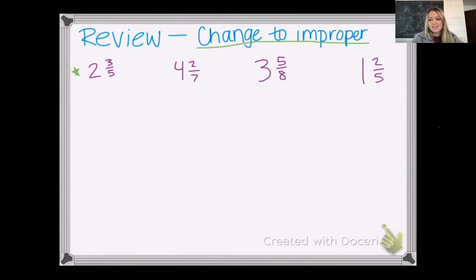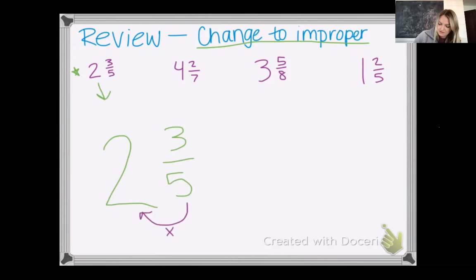So Jasmine already has the answer. And to get that answer, this is what you do. If I make my numbers bigger, it's easier to show. So if I make my numbers giant, 2 3/5, I start here and say, okay, 5 times 2 is 10. 10 plus 3 is 13.